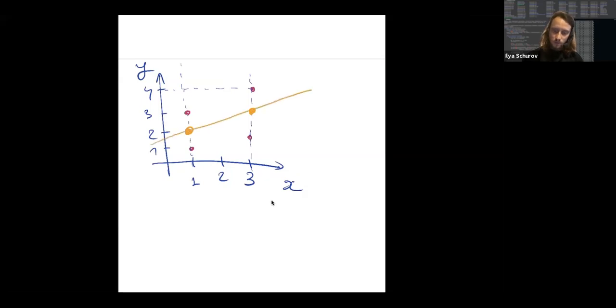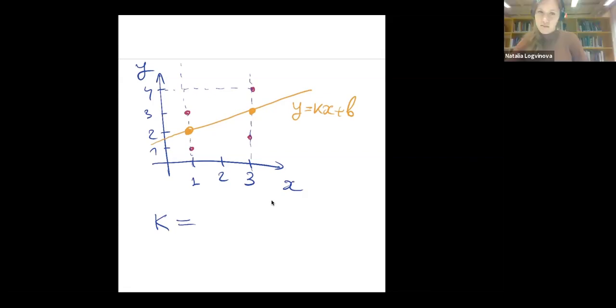Can you find me the value of k? If I have this equation, what is the value of k? One?